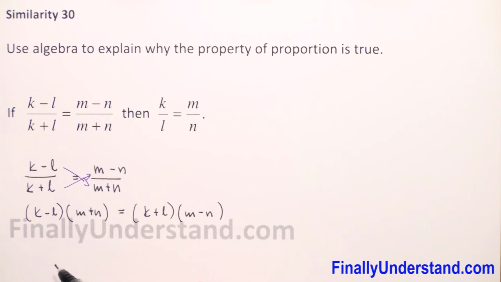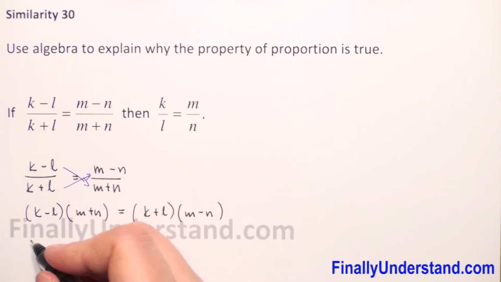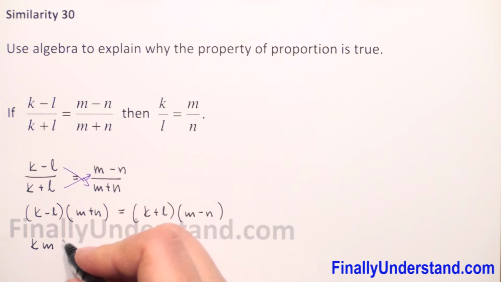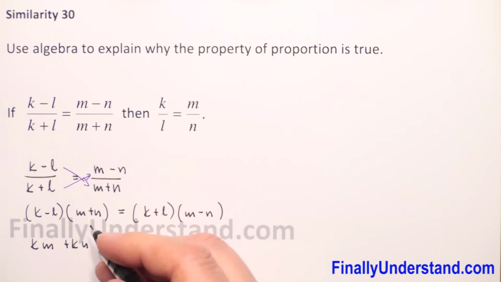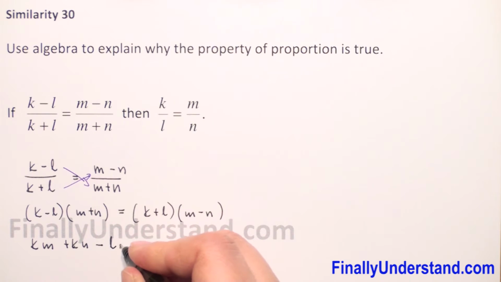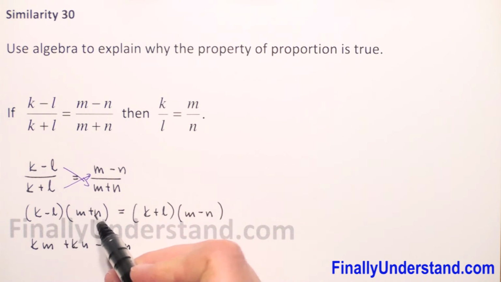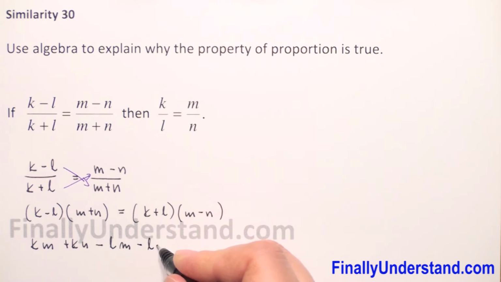Next, I will do multiplication. We have to multiply every expression in the first parenthesis by every expression in the second parenthesis. The same we have to do on the right side. So we have k times m, so it's km, k times n, so it'll be kn, negative l times positive m, so it'll be negative lm, negative l times n, so it'll be negative ln.